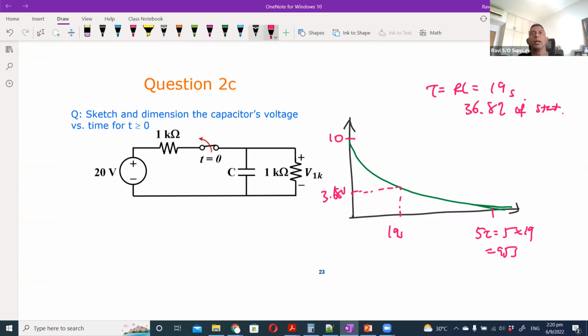So 5 tau is where it is almost fully discharged. The 1 tau is where it falls to 36.8% of the initial value, and 5 tau is where it is almost fully discharged. That is how you draw this response.